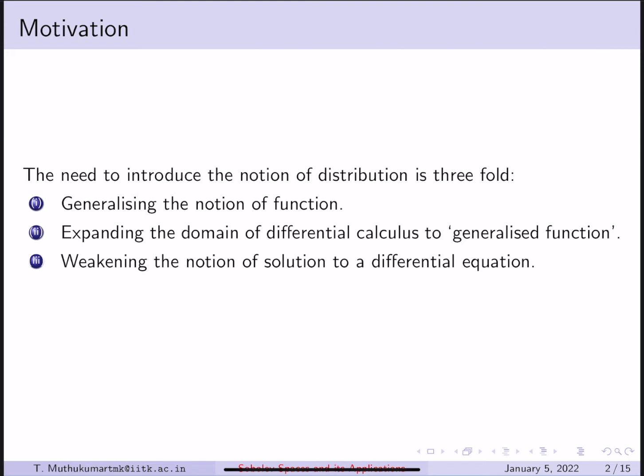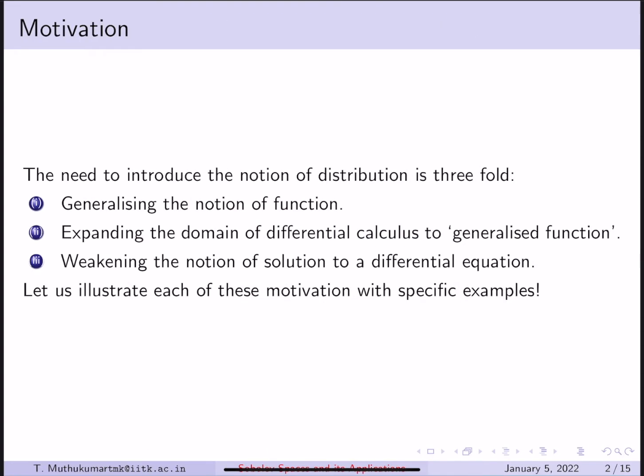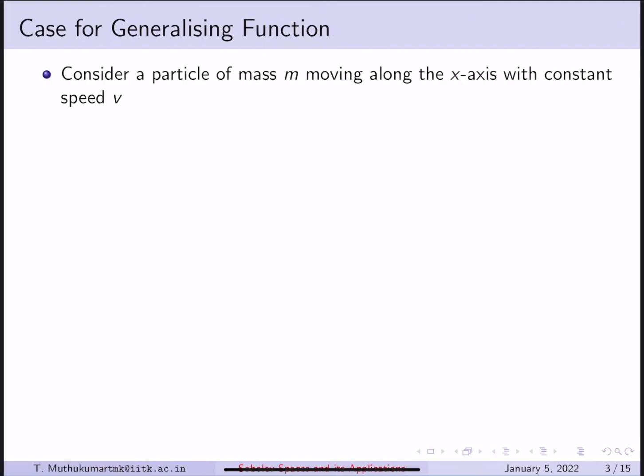So instead of saying this, let me just recall via some examples or cases where you actually encounter all these three situations. So let's look at these via specific examples. Firstly, why should one generalize the notion of function?